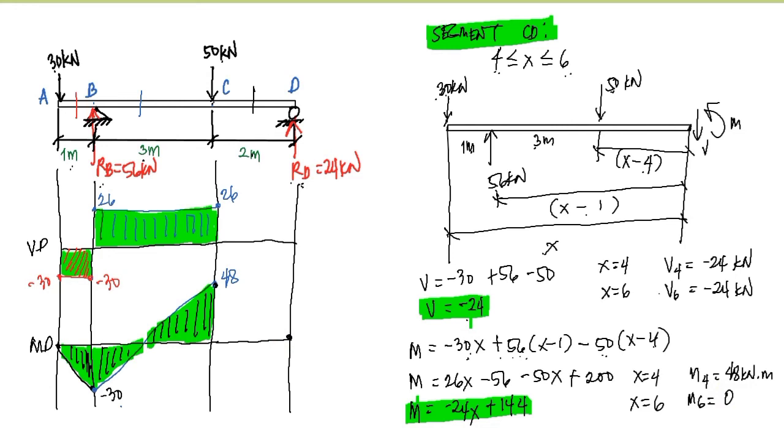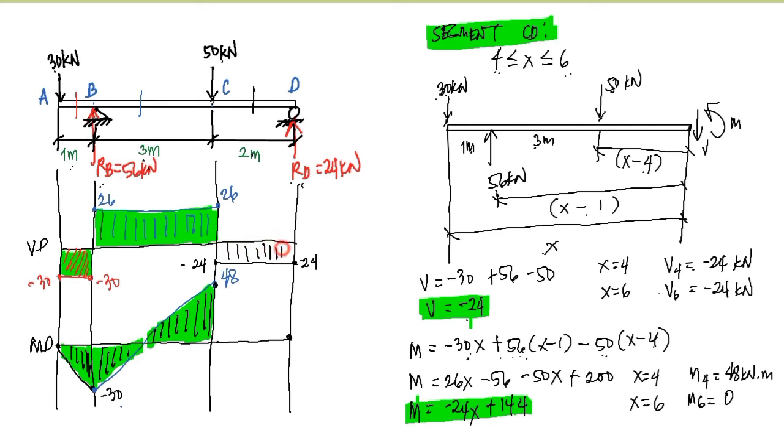And for the shear diagram, we have here negative 24 at x is equal to 4. And at x is equal to 6, we get also negative 24, and that is constant. So from point C to point D, we have the constant negative 24.